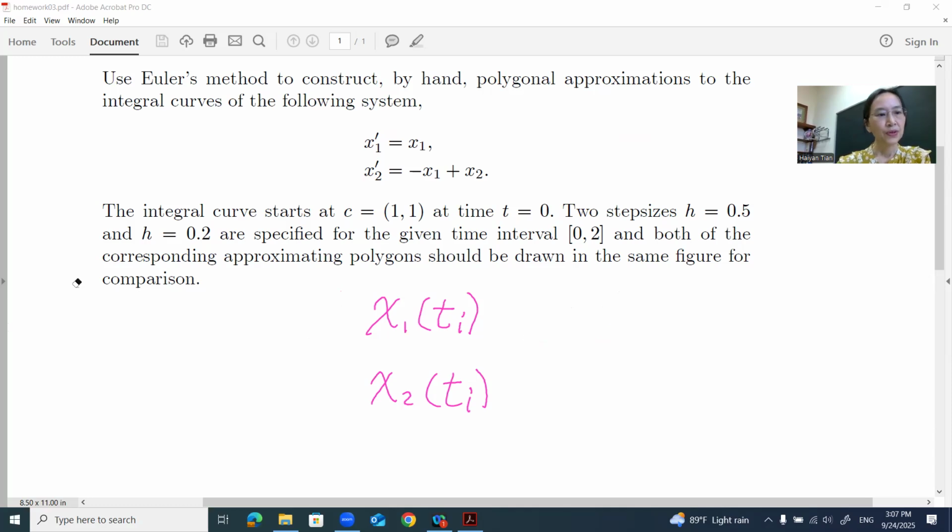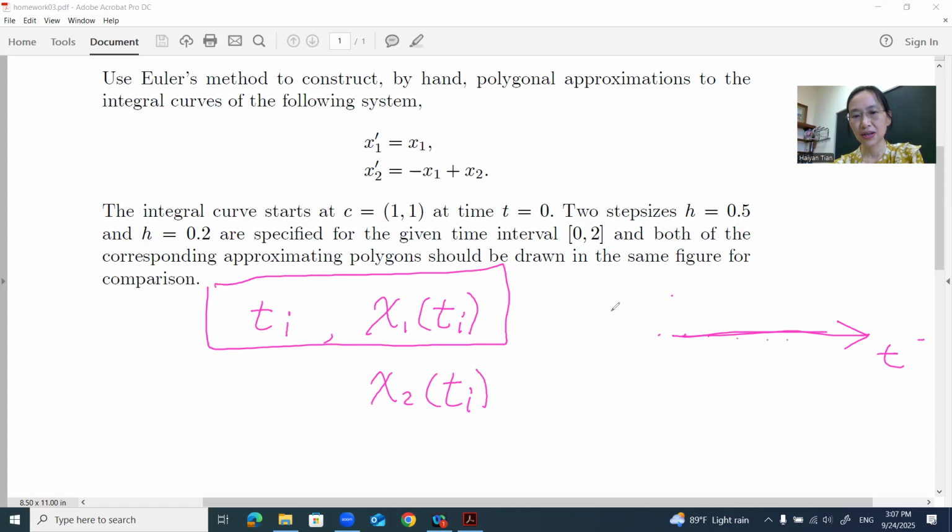So you can plot t and the x, just like any function. If you put the t here, each ti and the component x1 will be a solution curve. So you can draw a curve for just x, the first component of that vector. Right? Because we find already at different t values the first component.